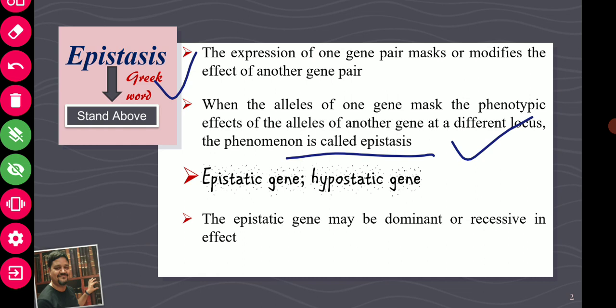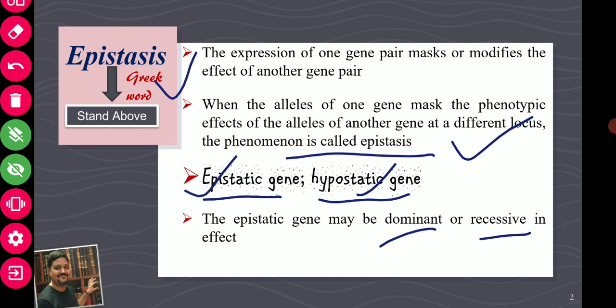Related to this, there are two terms, the epistatic gene and hypostatic gene. By name you can understand: the one whose effect is being masked is called the hypostatic gene, and the other which has masked the effect of another gene is called the epistatic gene. The epistatic gene may be dominant or recessive in its effect.